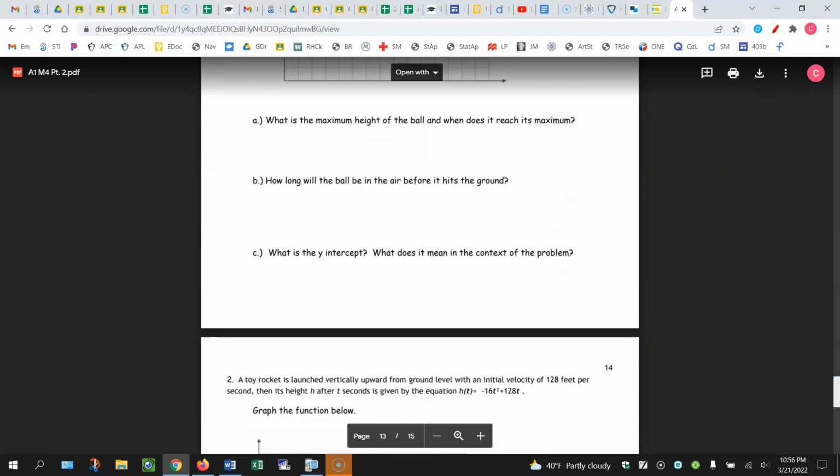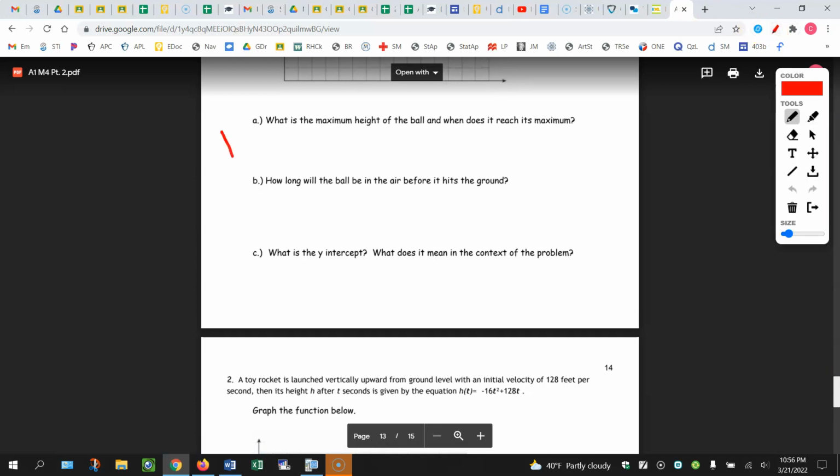So here we had the vertex was 2, 128. The x was time, the y was height. So the maximum height of the ball is 128. Oh, no, totally wrong. I'm sorry. The vertex was not 2, 128. The vertex was 1, 144.